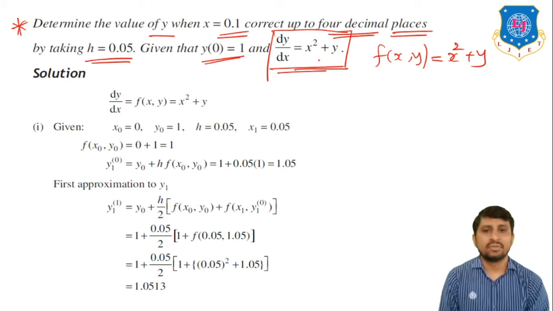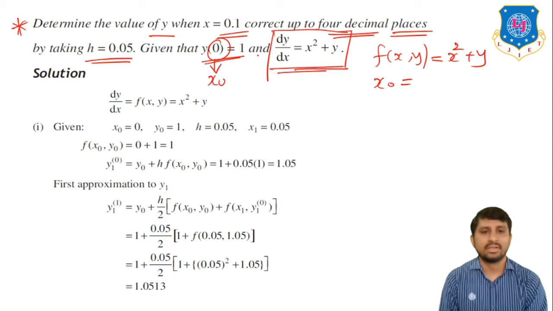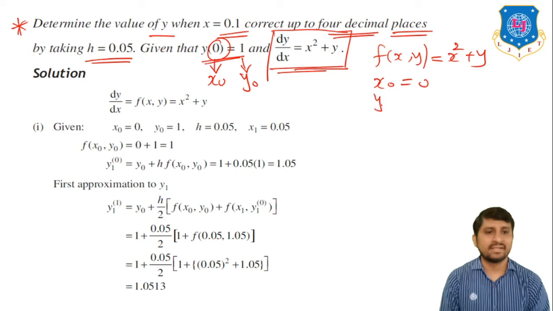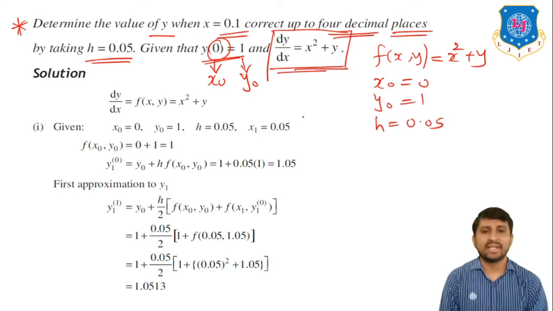x0 is 0, this is the value of x0, and this is the value of y0. So x0 is 0, y0 is 1, h is 0.05, and you have to find the value at 0.1.